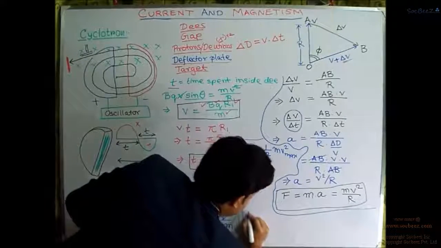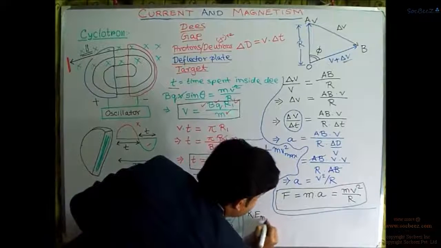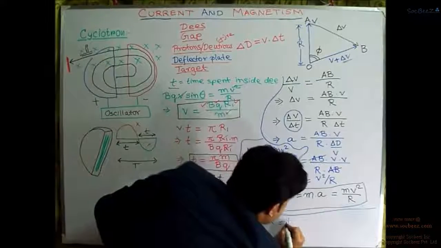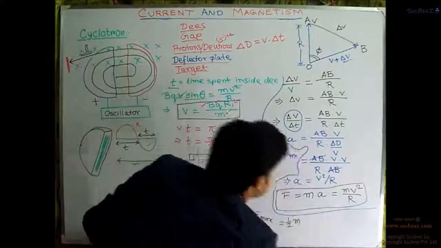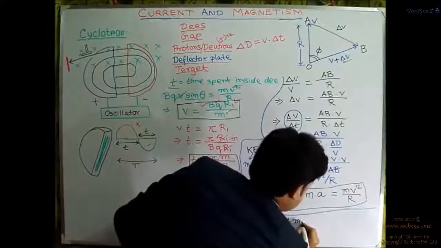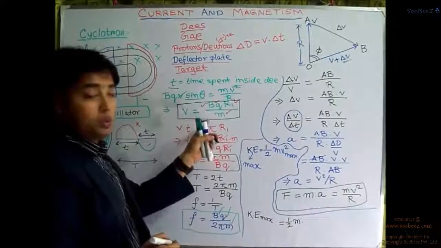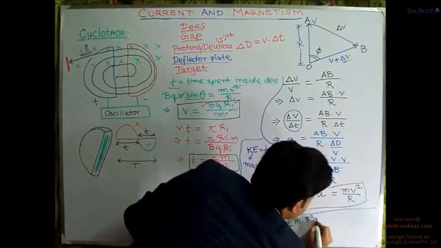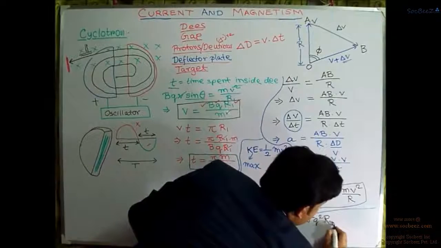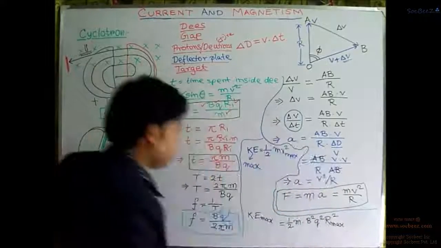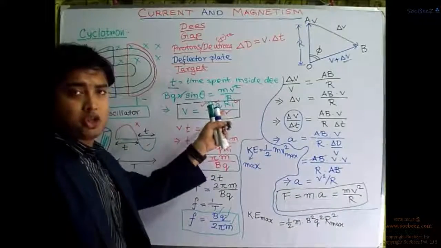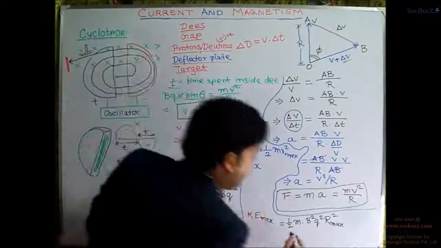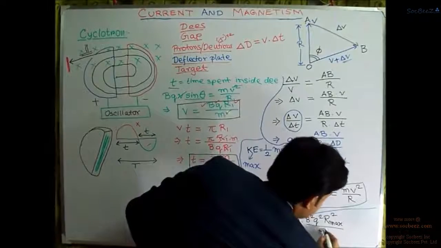So the maximum kinetic energy will simply be equal to 1 divided by 2 mass, multiplied by V square, so B square Q square R max square, because if R is the largest value, then only V will have the largest value, divided by m square.